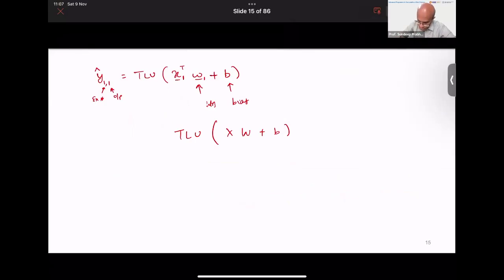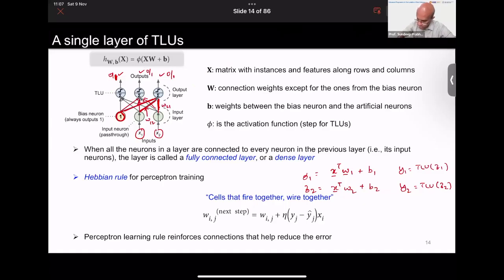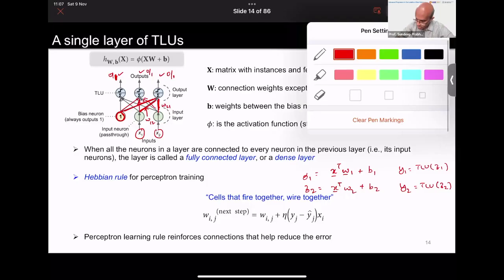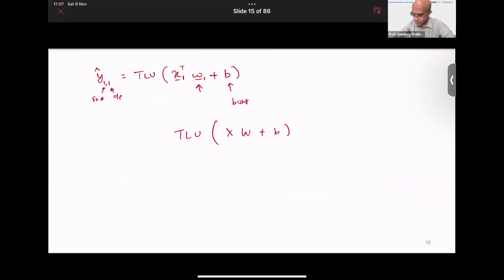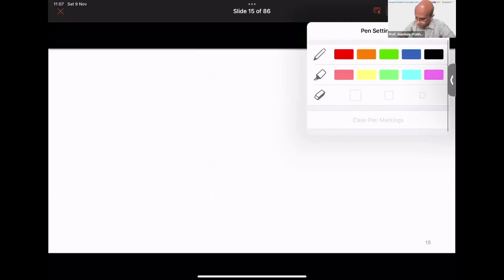Okay, so let's recall the data that we have is X, which is n times p, n examples times p features, which is collected in x1 transpose all the way up to xn transpose. Each of these vectors contains p entries. This is example 1 all the way up to example n.